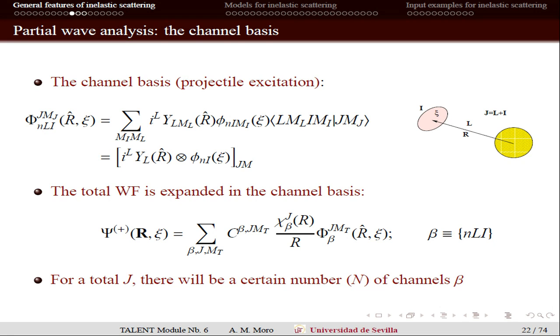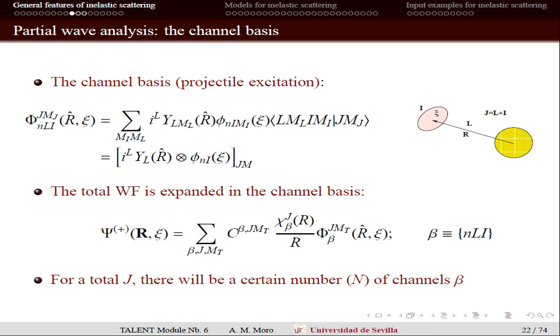This means that, for example, if I fix the total angular momentum, there will be different combinations of L and I that will couple to this total J and parity. I'm not putting the parity explicitly, again, for simplicity, but the parity should also be there. There's some pi letter, but we have already enough letters in the notation.